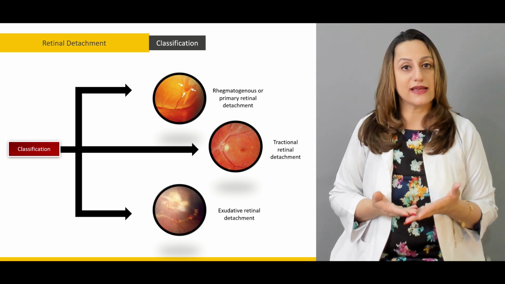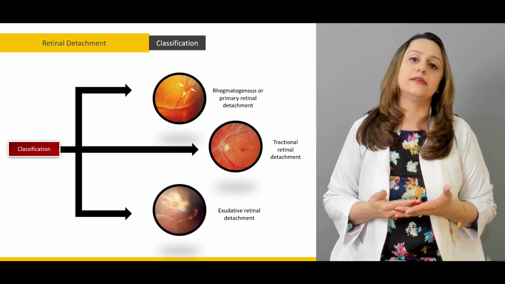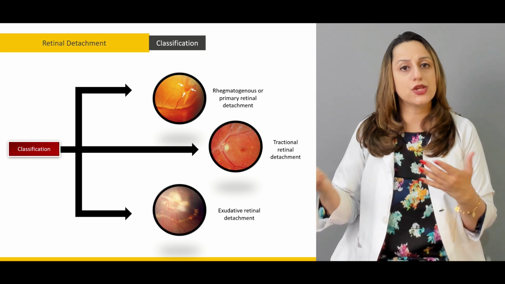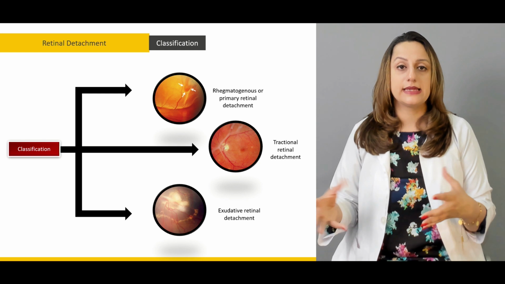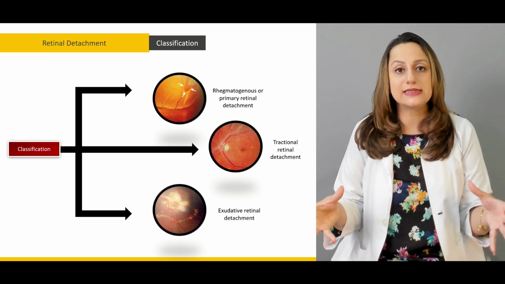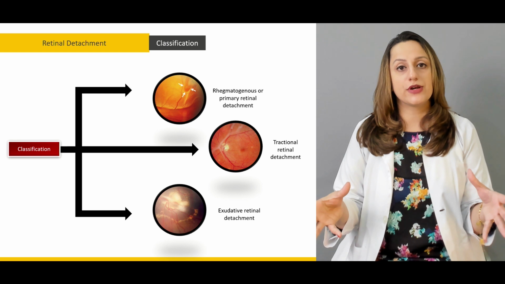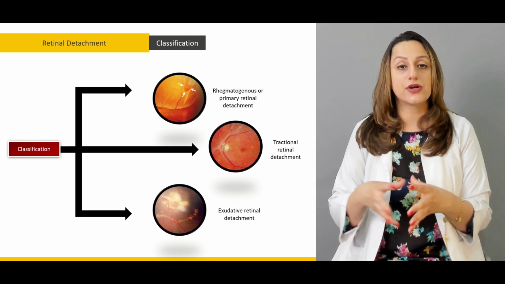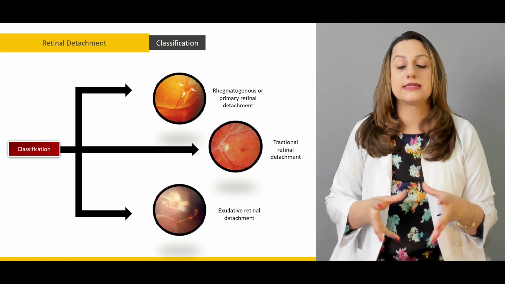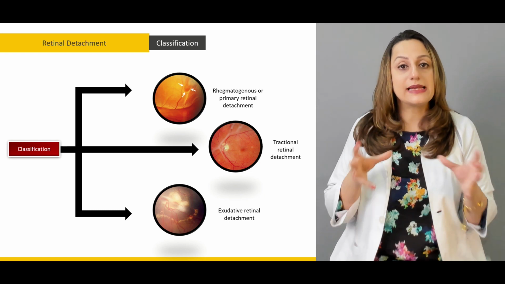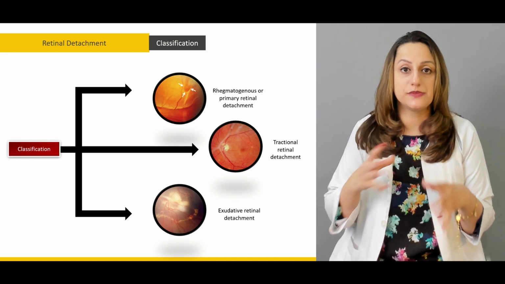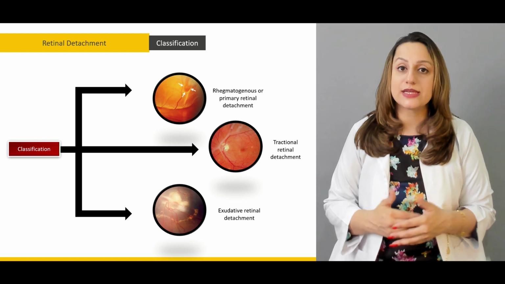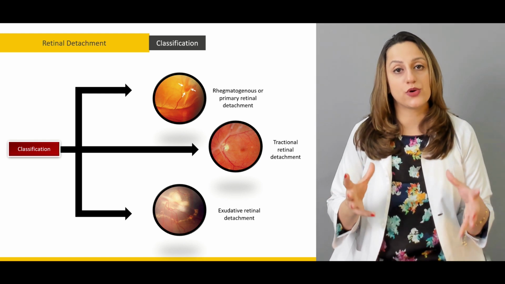So even these exudative causes, whether primary infections or any other secondary infections, for example any long-standing inflammatory conditions, for example diabetes, or it can be SLE. These are long-standing systemic diseases that can result in the accumulation of fluid between these two layers that we were talking about, the neurosensory and the pigmentary layer.